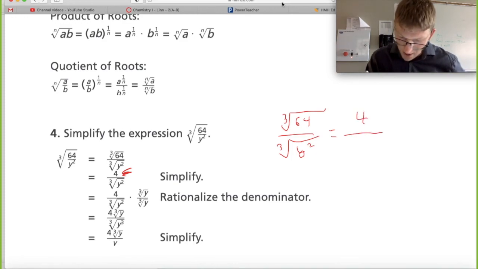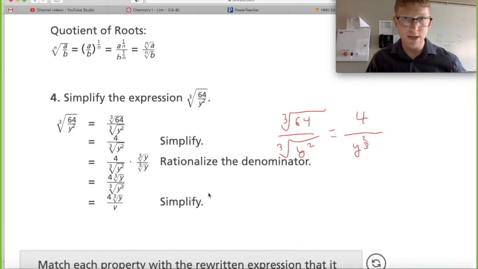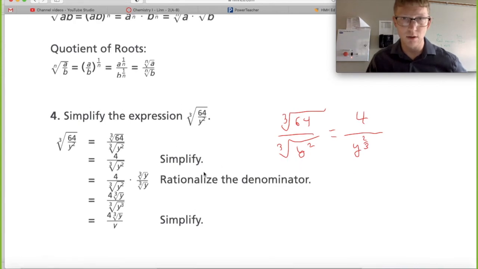And then that bottom part, we can actually change that to y to the 2 over 3, right? Ooh, but they don't like irrational things in the denominator. So this would be wrong. We don't want you to do that.